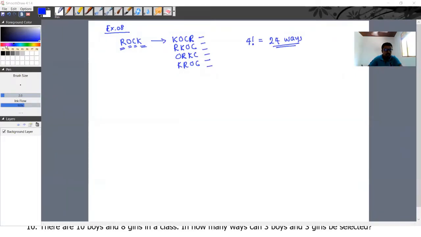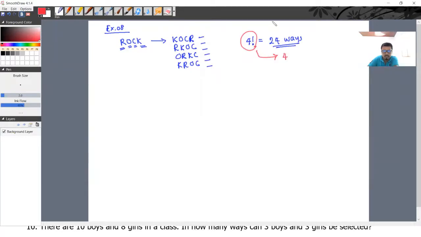How can we have this in the calculator? Press number 4. Then how do we take this factorial?